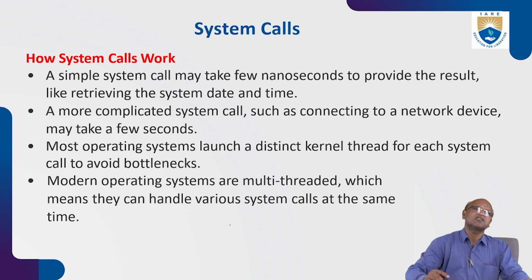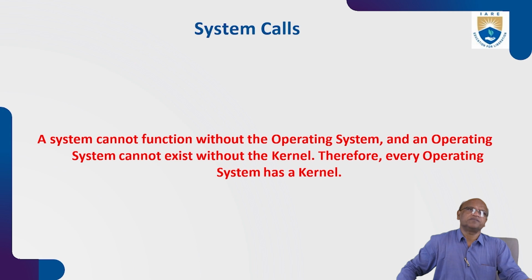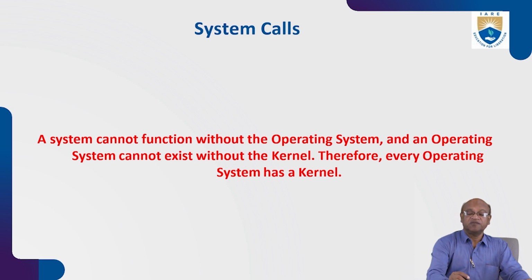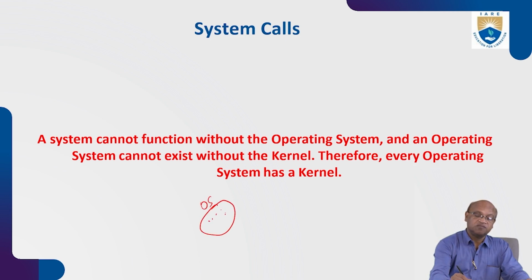Modern operating systems are multi-threading, multi-programming, multitasking and multi-processor systems. The system cannot function without the operating system, and an operating system cannot exist without the kernel. Therefore, every operating system has a kernel. This is the OS, and inside it there are a number of function programs.